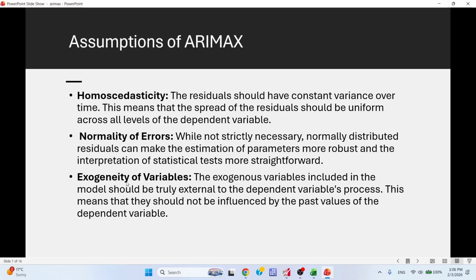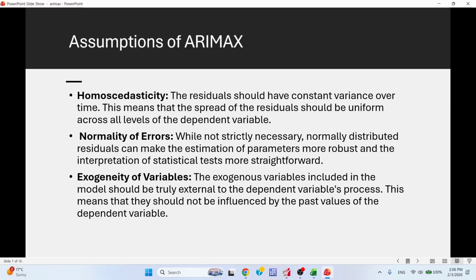The next thing is exogeneity of the variables. The exogenous variables included in the model should be truly external to the dependent variable's process. This means that they should not be influenced by the past values of the dependent variable. So your previous or lag value of your DV should not be affecting the IVs.